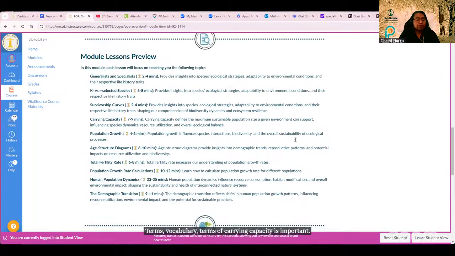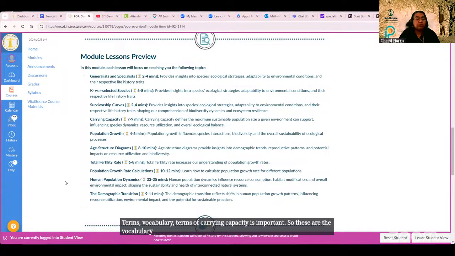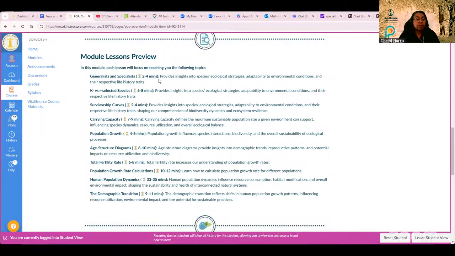So these are the vocabulary words that we're going to look at. And like I said, for today, we're going to look at the first one, generalist and specialist populations. And then we'll work all the rest of these topics in.